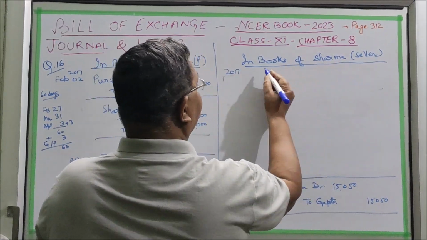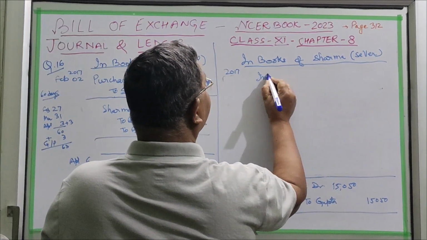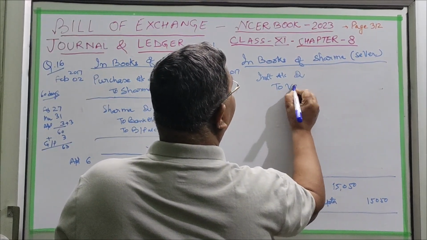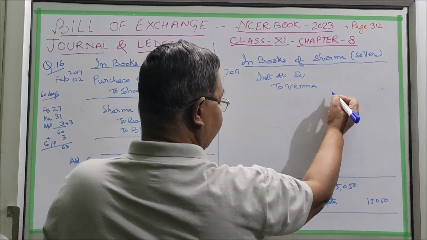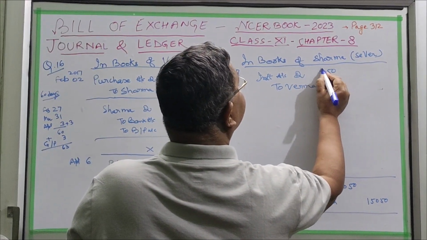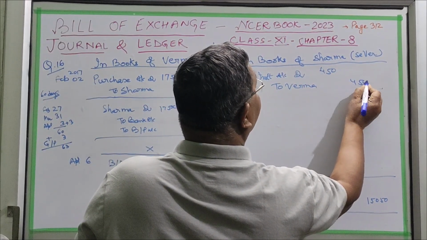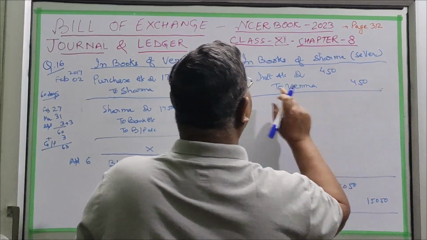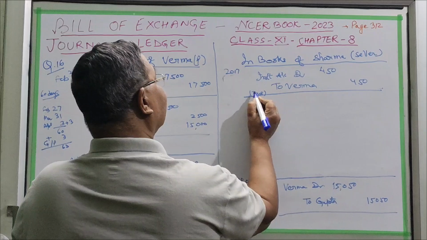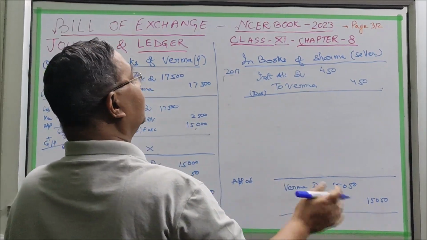So in Sharma's book, interest account will become debit to Verma. And here we will write interest charged by Mr. Verma, 450 rupees interest is charged. Interest is due. This is the due entry for interest, because without making a due entry you cannot pay. So first you have to make a due entry, then only you can pay.